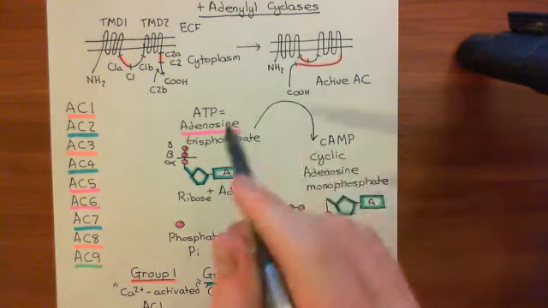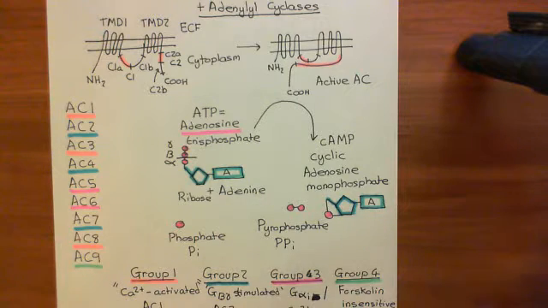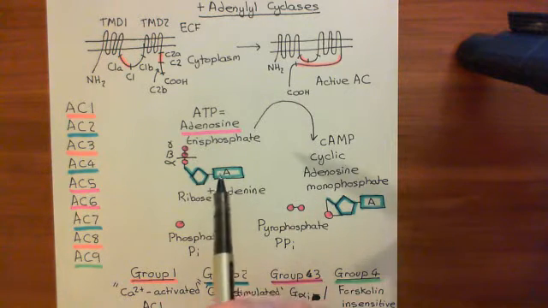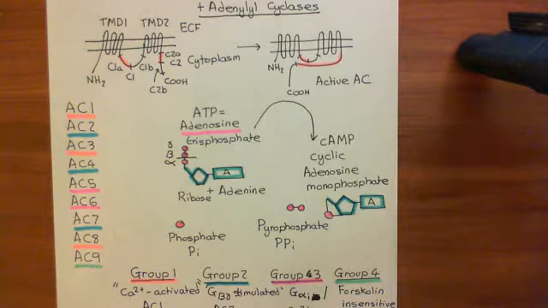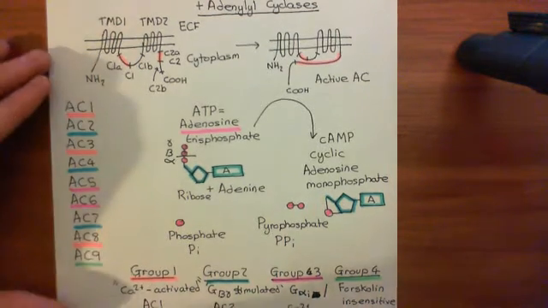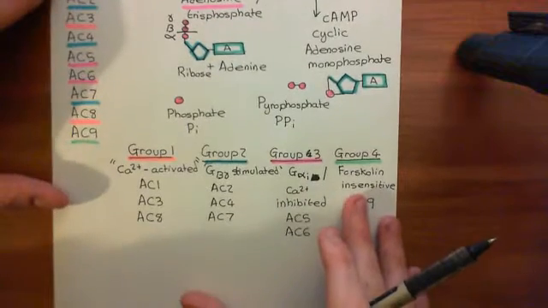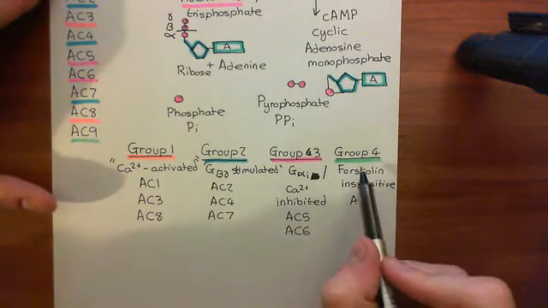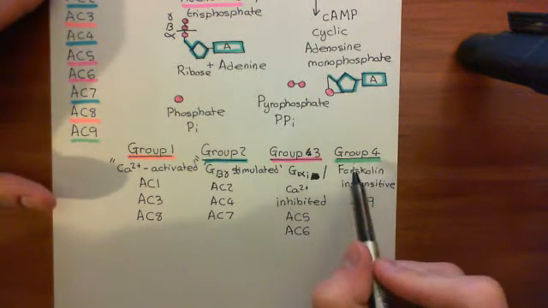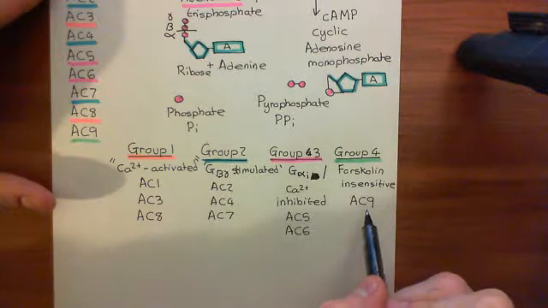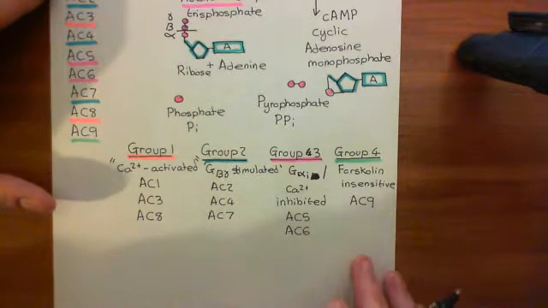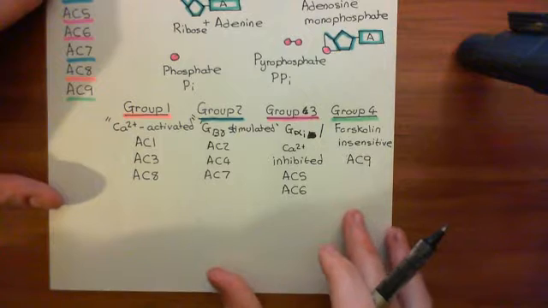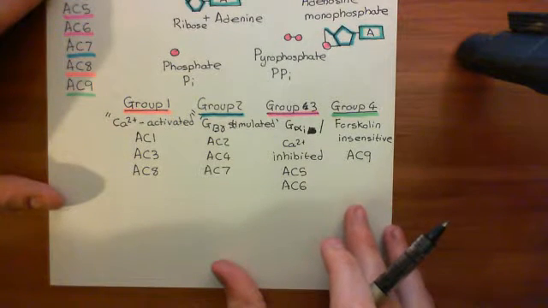And in that state, you have an active enzyme which is capable of converting adenosine triphosphate molecules into cyclic adenosine monophosphate molecules and pyrophosphate molecules. But the only adenylyl cyclase which forskolin doesn't work on is this adenylyl cyclase 9 enzyme, which is why it's put into this category on its own.